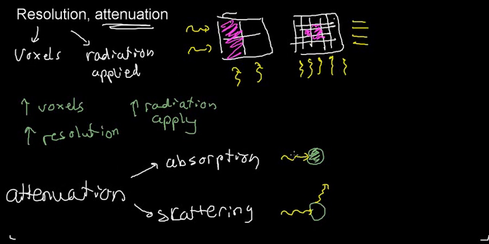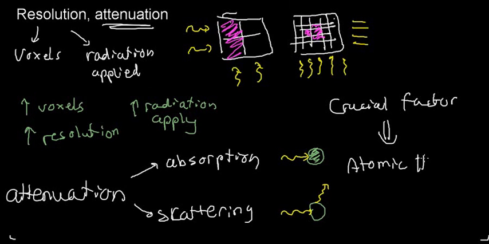And also, when we're talking about the attenuation of radiation, the most crucial factor that determines the attenuation is obviously the material itself, and in specific, the atomic number of the material, or Z. So you can imagine that a hydrogen atom is not going to be absorbing as much as, let's say, carbon 12.